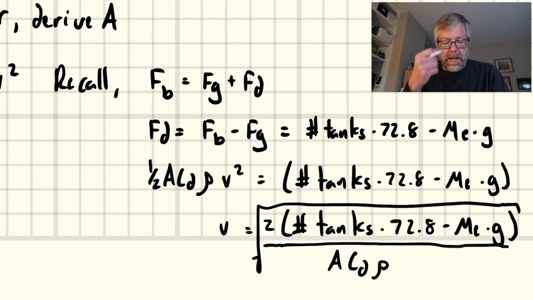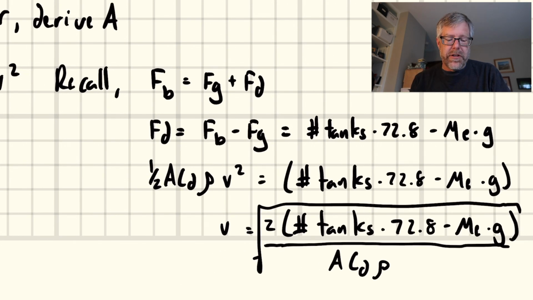Remember that the buoyancy force is equal to the gravity force plus the drag force. So the drag force is equal to the buoyancy force minus the gravity force, which is equal to the number of tanks of helium times 72.8 minus the mass of everything times gravity.